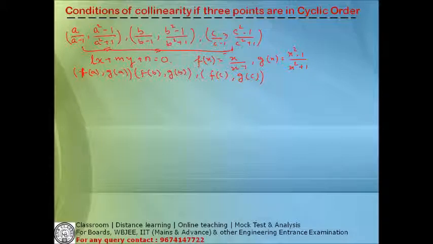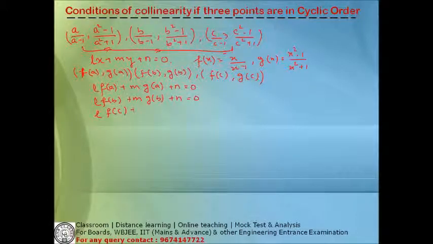Since these 3 points lie on the straight line Lx plus my plus n equals to 0, we can write L of f(a) plus m times g(a) plus n equals to 0. Since these 3 points lie on this straight line, hence it must satisfy it. That is why I'm writing it. So L times f(b) plus m times g(b) plus n equals to 0, and the third one is L times f(c) plus m times g(c) plus n equals to 0, right?